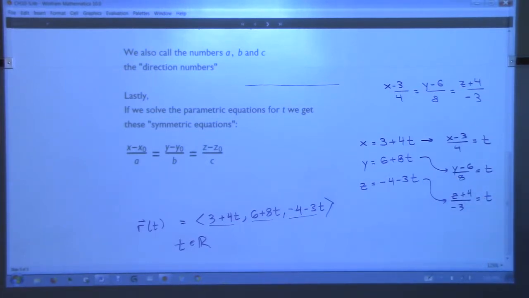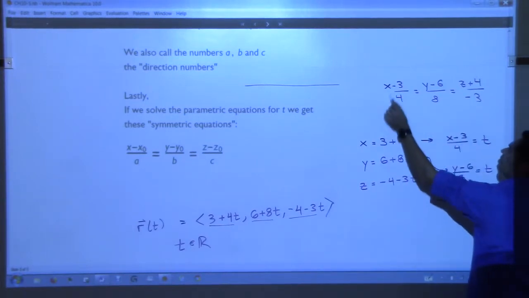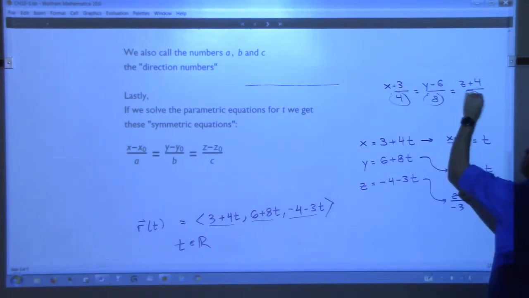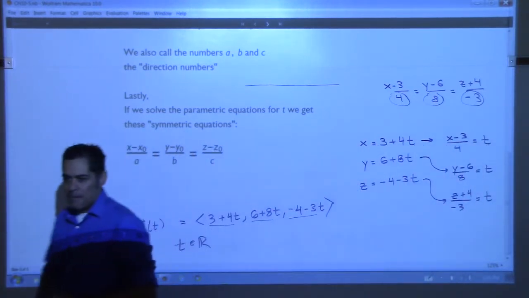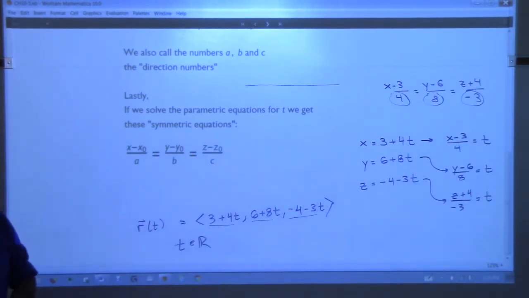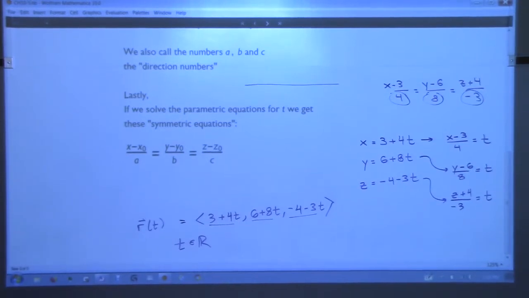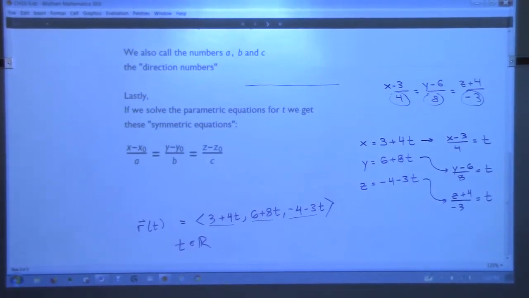Also, I'll point something out here. Notice in the symmetric equations, do you notice what the denominator numbers are? They are numbers, yes, but there's something special. Those were the numbers that were in front of t. They were originally the components of the direction vector.